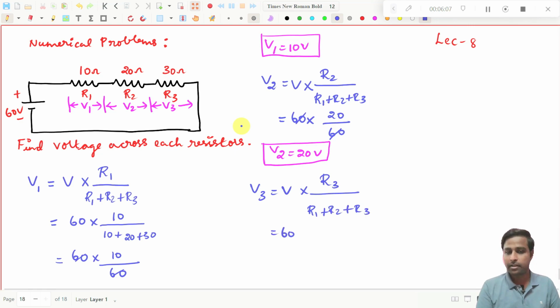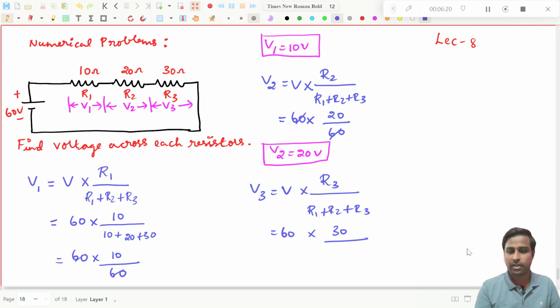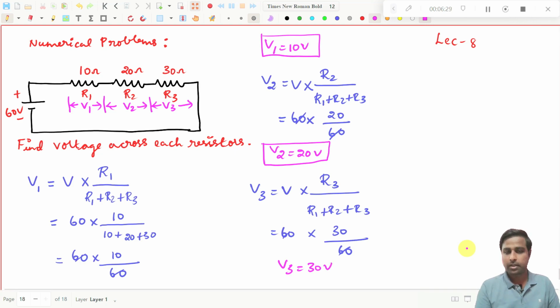This is 60 into R3 is 30 divided by what is this total voltage? That is what we found right away in the previous V1 and V2 as well. This will be 60. So these two will be cancelled out, and again V3 will be equal to 30 volt.